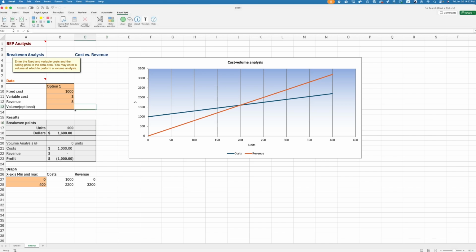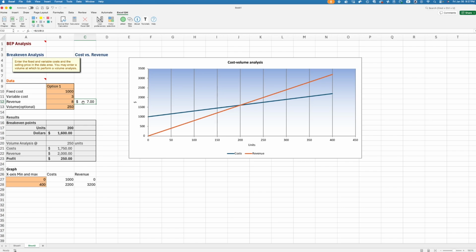So if I put 250 as the optional volume, you can see that the total cost would be 1,750. So the price that I'm going to put equals the total cost of selling 250 divided by 250 items.